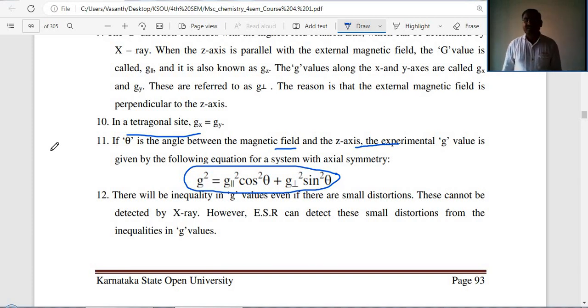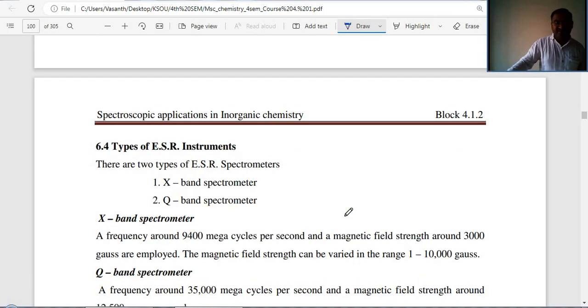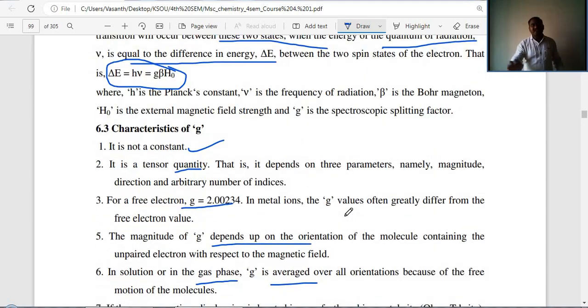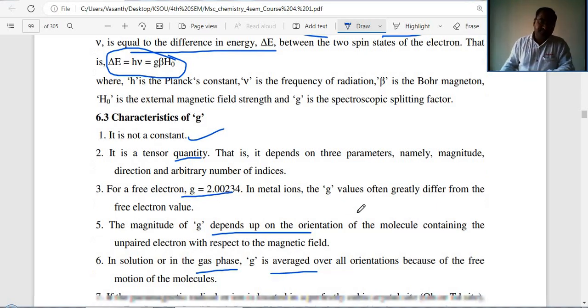However, ESR can detect these small distortions from the inequalities in g values. This is the characteristics of this splitting factor.